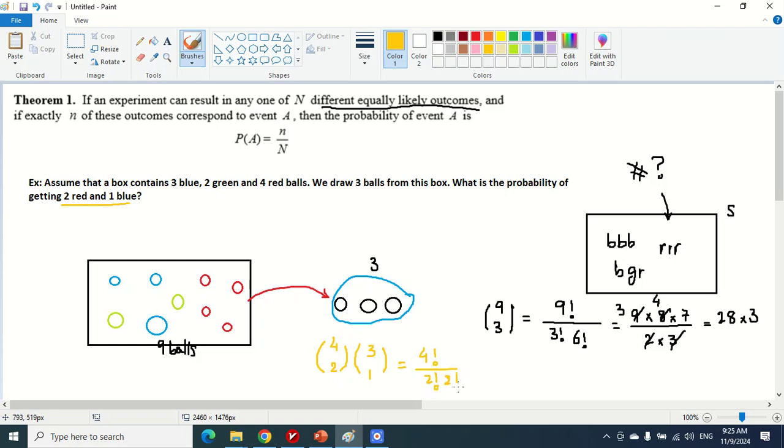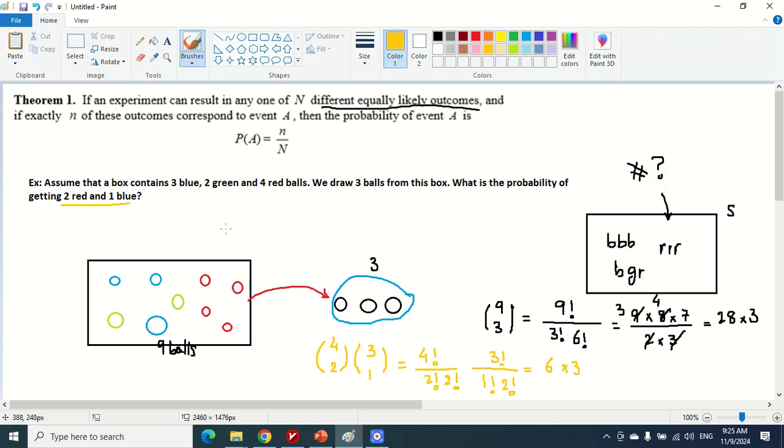For the next one, we have 3 factorial over 1 factorial at the denominator, and the difference between 3 and 1 is 2, so we have 2 factorial as well in the denominator. So 4 factorial over 2 factorial times 2 factorial is going to be 6, and 3 factorial over 2 factorial will be 3, so we have 6 times 3.